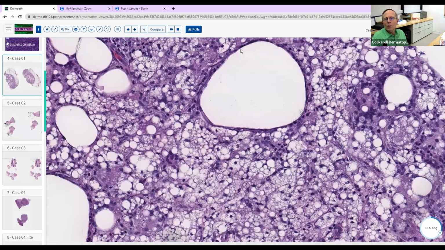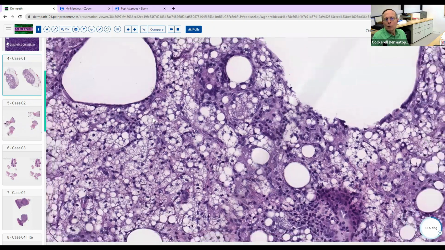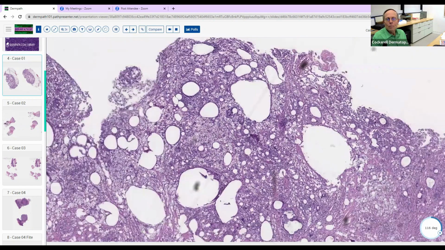But notice you've got this really large cystic structure here. You've got multinucleated histiocytes that engulfed some of this stuff as well. You wouldn't expect to see granulomatous inflammation in, say, a pleomorphic lipoma. So always look at the other features too to help you make a diagnosis.